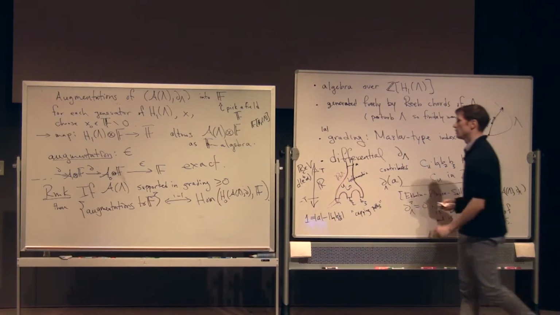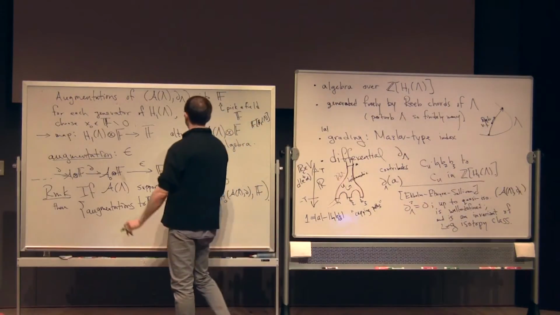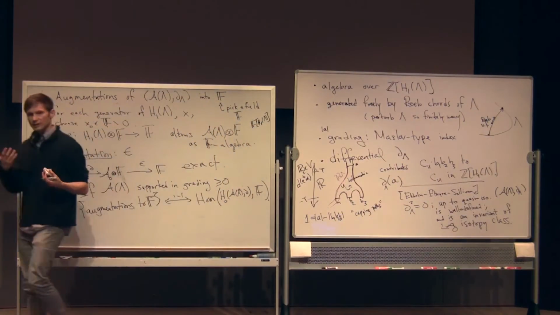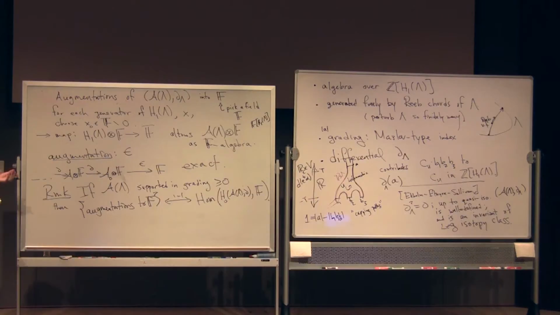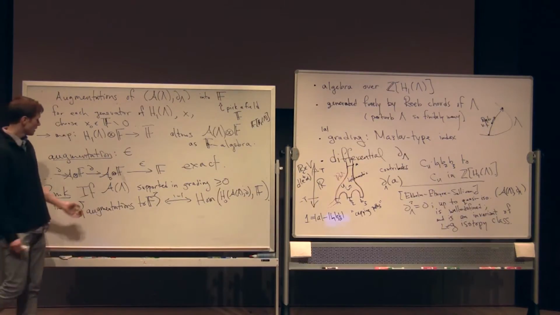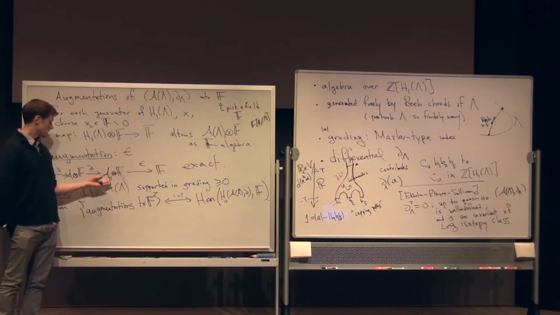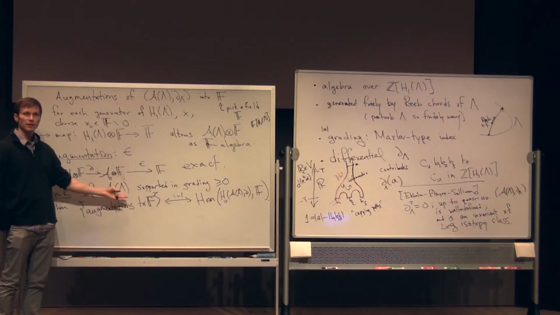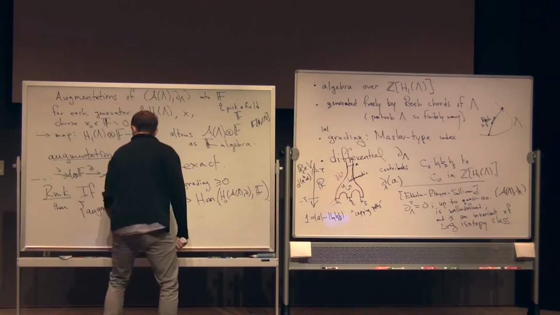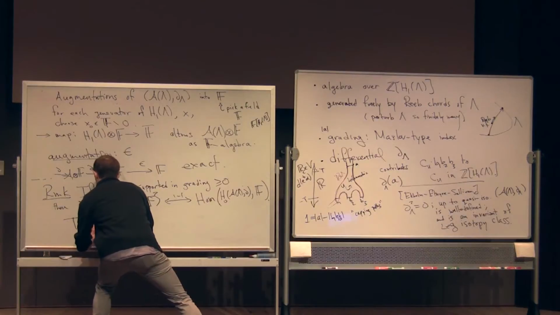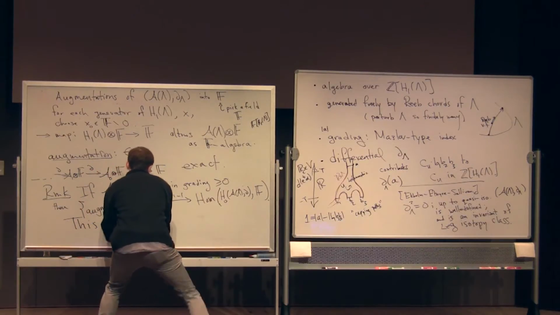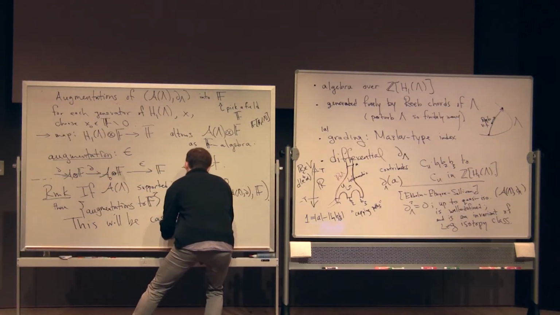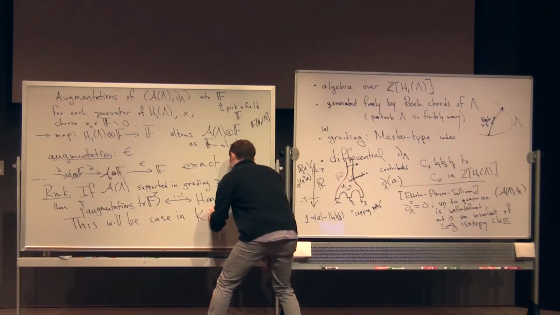Okay. And knot contact homology is the DGA of a certain Legendrian, and you can set it up so that the DGA is supported in non-negative grading. So this will be the case in knot contact homology.